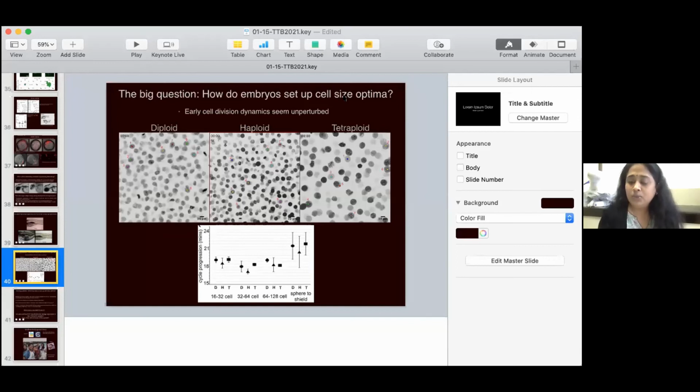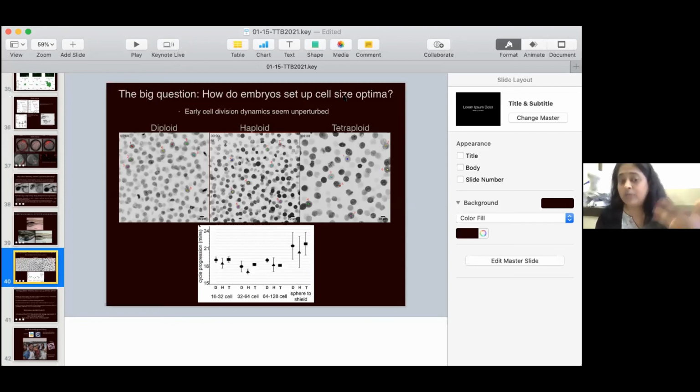We don't see the overall levels changing, and the way it was explained to us by people who study dosage compensation, since my group doesn't study dosage compensation, is that if two alleles are making two copies of a gene, and a single allele is making a single copy of the gene, in the relative pool of RNA, its expression would still be comparable.